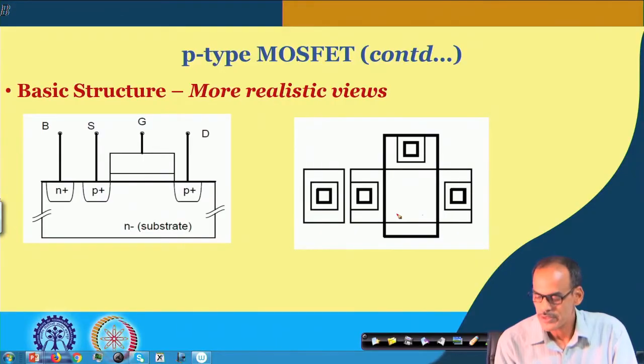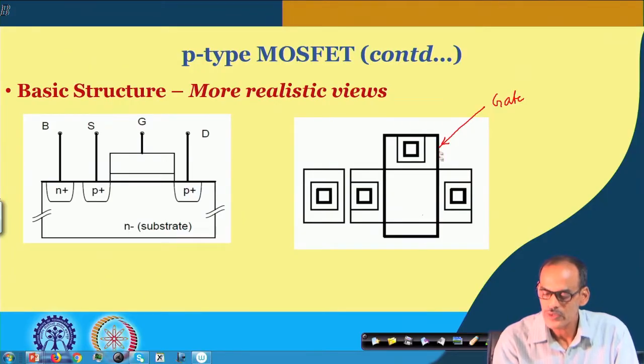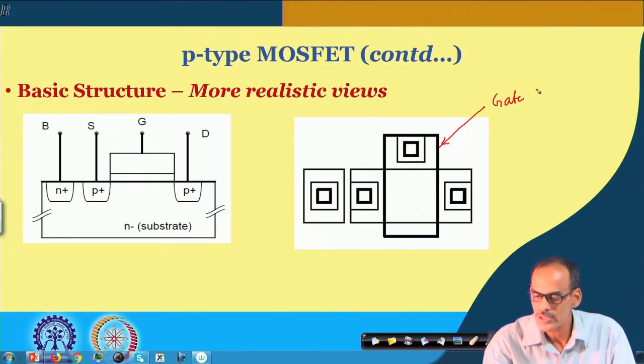Let us see what other things we have. This is the gate electrode, and the entire thing is polysilicon.